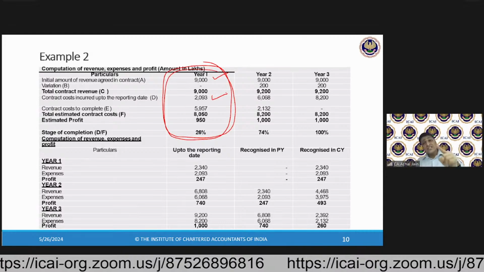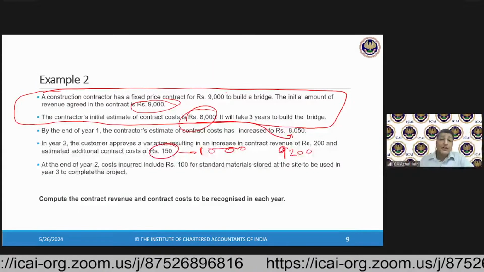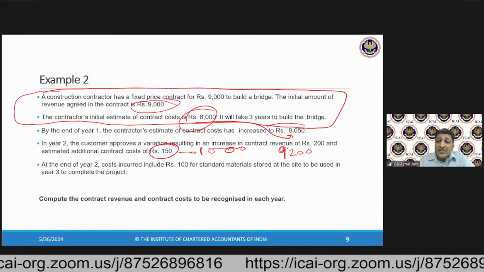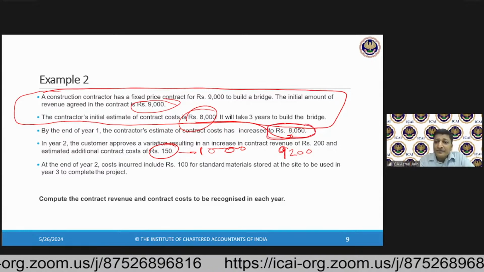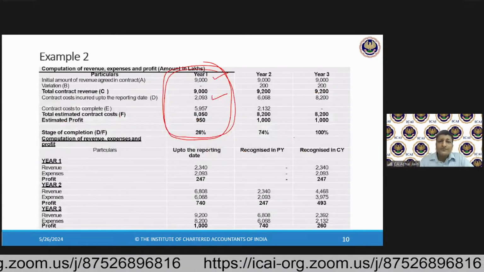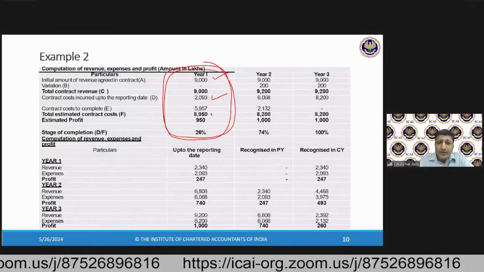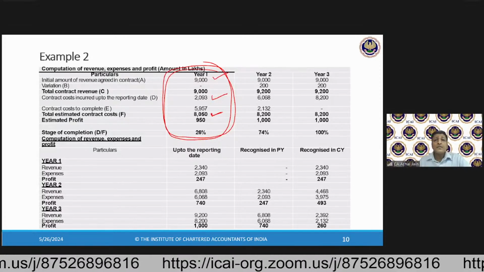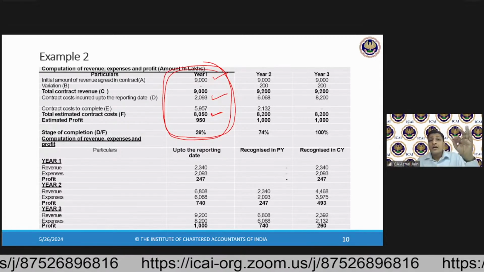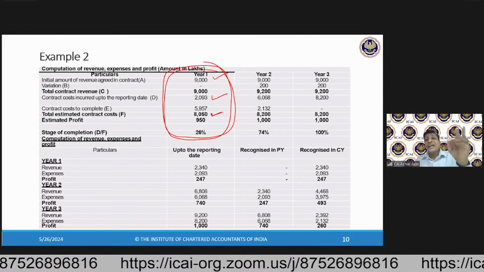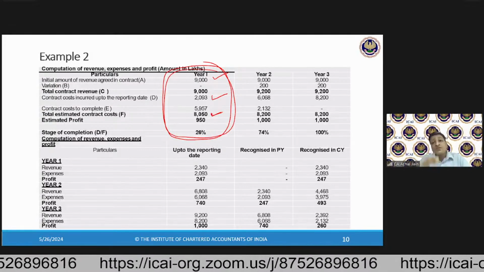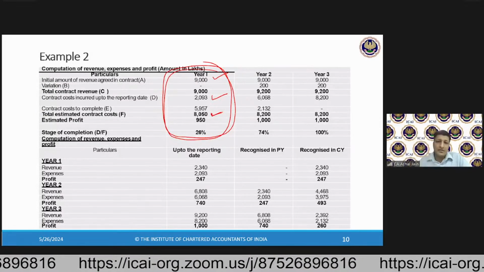What was the total estimated cost at the end of year 1? It was 8050. That means 5957 is the cost which will be incurred in year 2 and year 3.